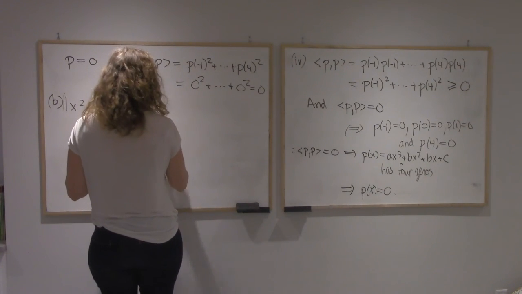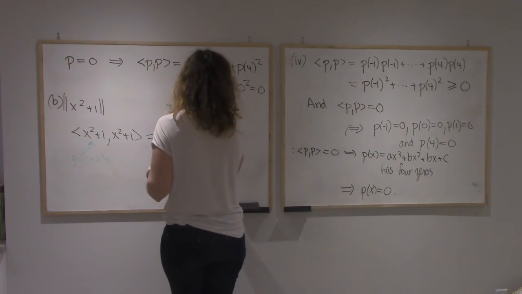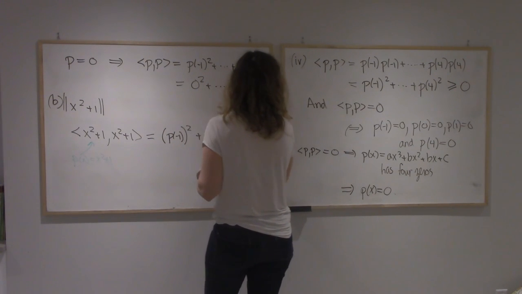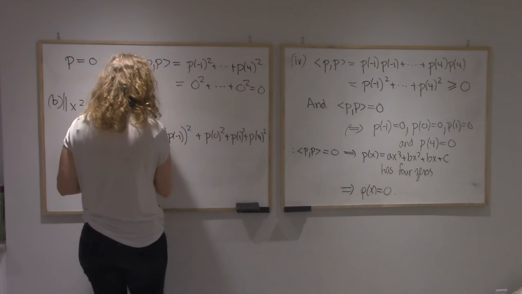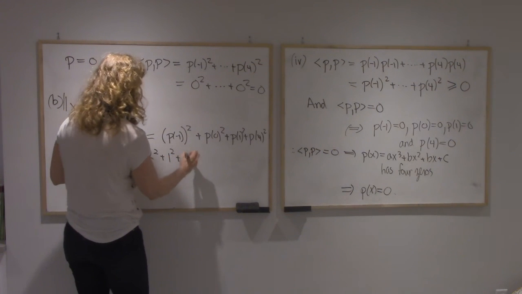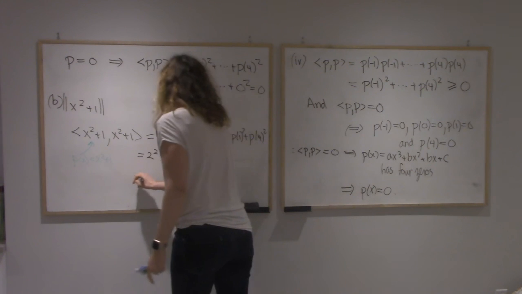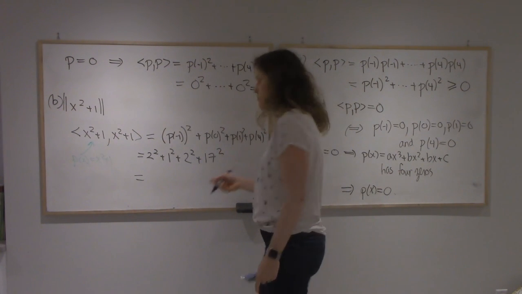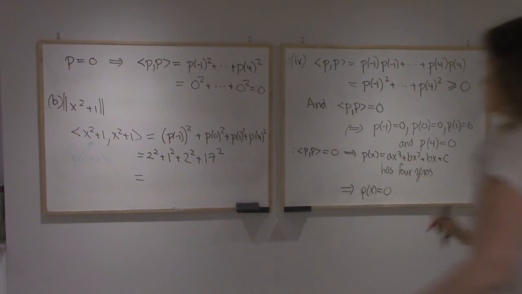So I'm going to take the value at minus 1, the value at 0, the value at 1, and the value at 4, and I'll square them all like I've seen over here. So that's going to be 2 squared plus 1 squared plus 2 squared plus 17 squared. And so 4, 5, 9, 17 squared. I got 298.